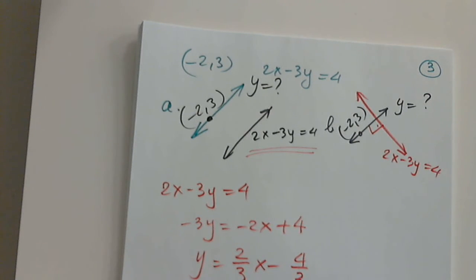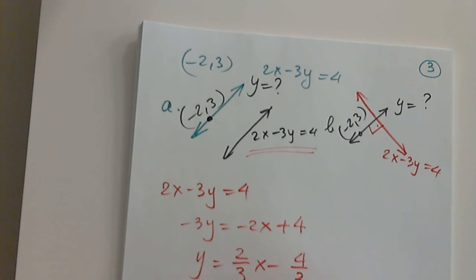If it was positive on this side and I move it to the other side, it becomes negative. After that, I will divide by -3, but do not divide by -3 writing a fraction line and -3 in the denominator, because that will not serve our purpose. Our purpose is to find the slope. So divide term by term. I divided this by -3, this by -3, and this by -3.